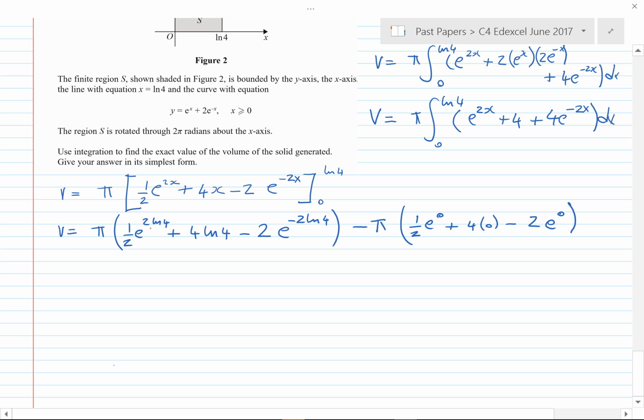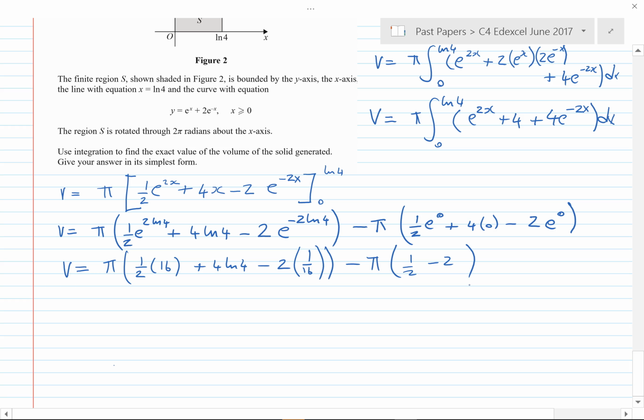So anyway, let's just do this. It gives me V is equal to pi times a half times 16 plus 4 ln 4. Take away 2, as I said, this is 1 over 16 using the rule of logs. Take away pi, and this bit is 1, so it's a half. This is 0, obviously. Take away 2.